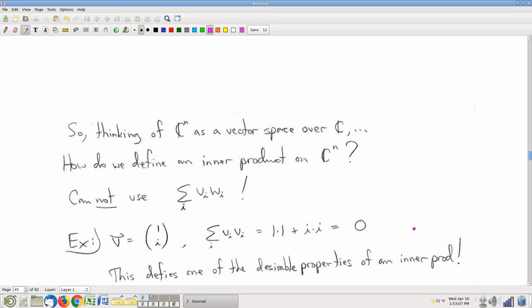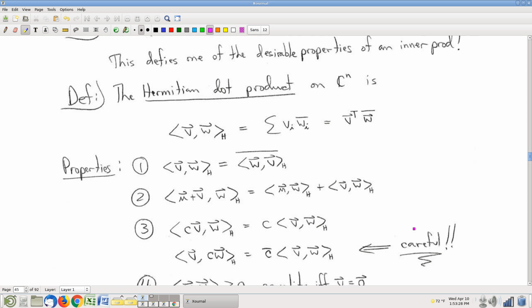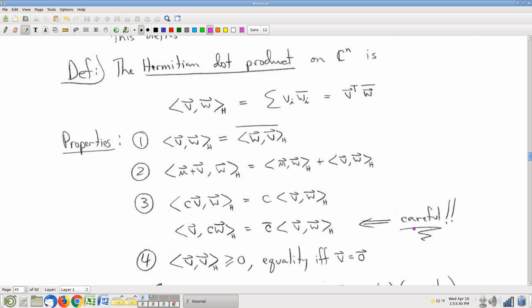What we're going to try to do is, instead of trying to find something that behaves exactly like the Euclidean dot product, we're going to try to find something that looks kind of like the Euclidean dot product and that satisfies properties that are close enough, kind of like the dot product in Rn. And there is such a thing. It is called the Hermitian dot product.